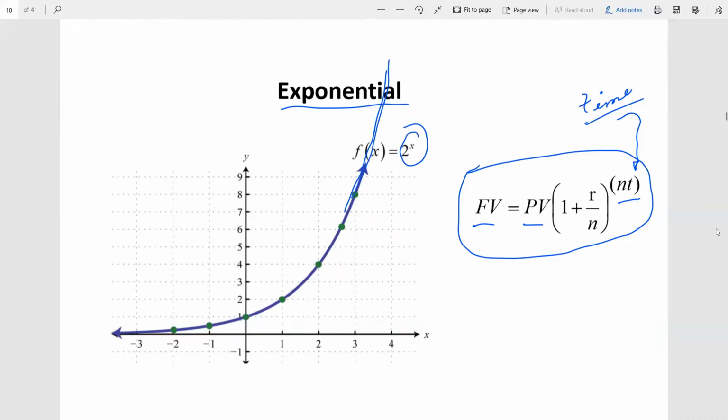And we find exponential functions in finance, banking, biological systems, and all kinds of chemical systems.